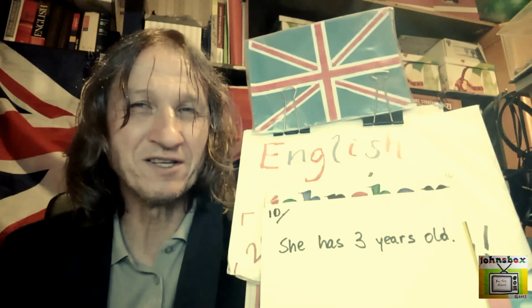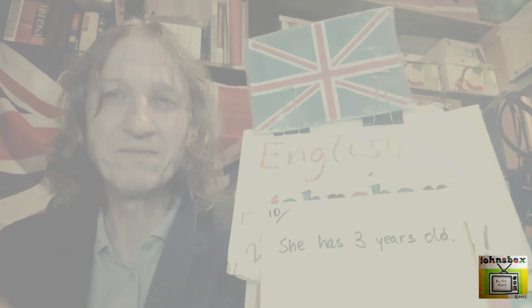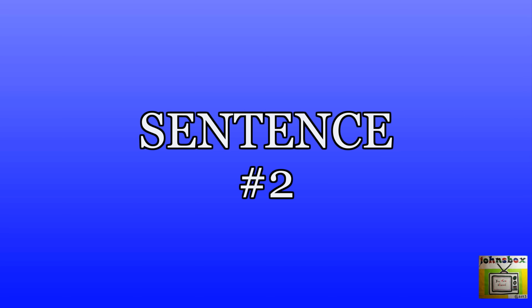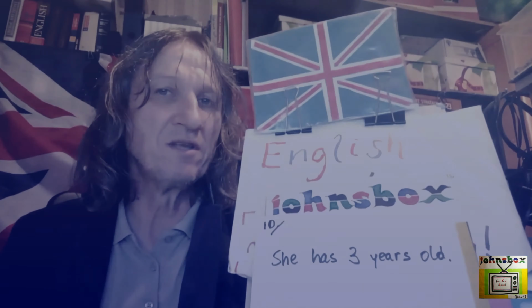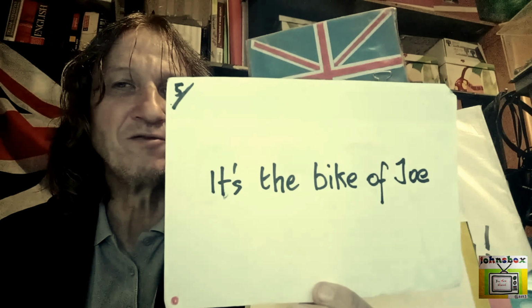So now let's look at sentence number 2. It's the bike of Joe.